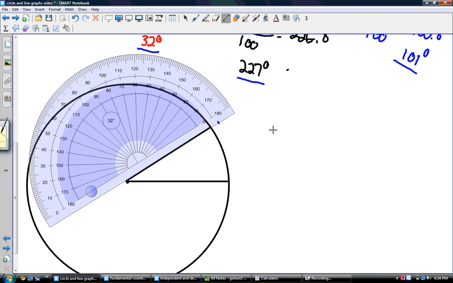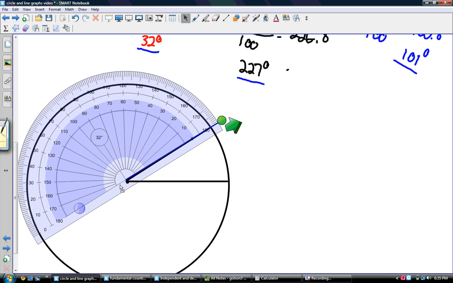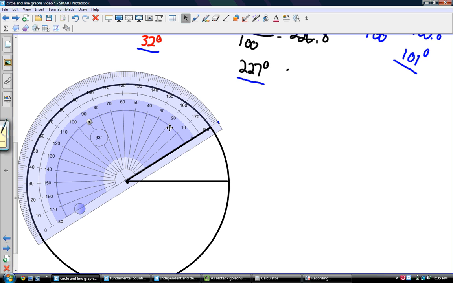So now my next angle is going to be, I'm going to do the 101 degree, and I'm just going to start that from where I have this new radius I just made. So I have this new radius is going to be the bottom of my angle. So I'm going to set the protractor up along there. And then I'm going to measure out to 101 degrees.